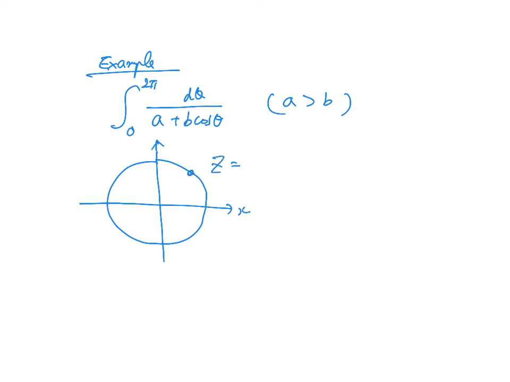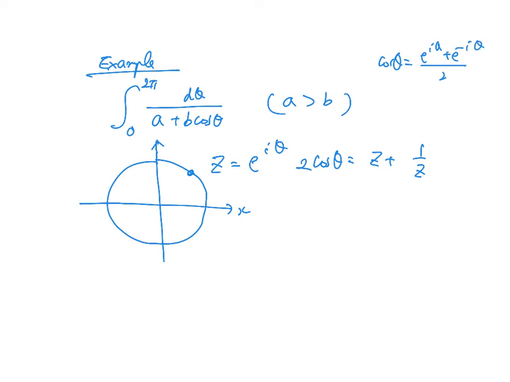Consider z is exponential i theta. Then cosine theta is what? (z plus 1 over z) over 2, right? Because cosine is (exponential i theta plus exponential minus i theta) over 2.